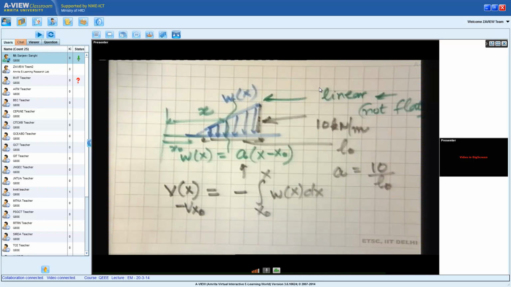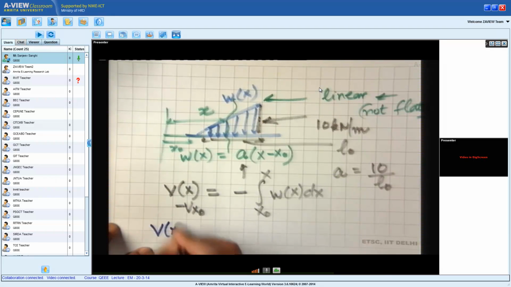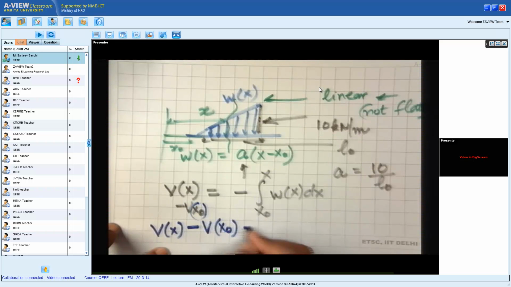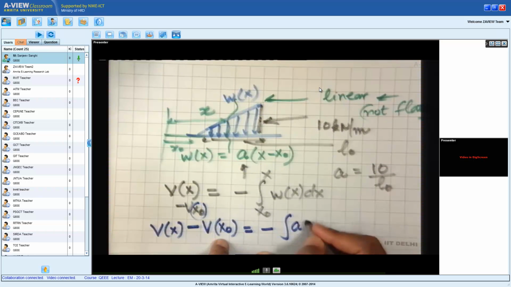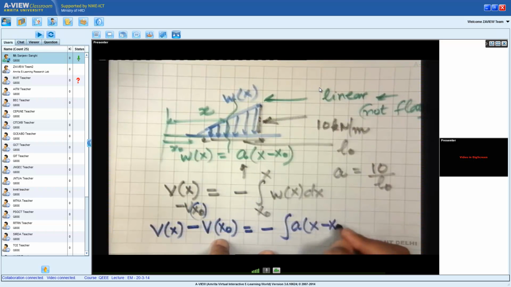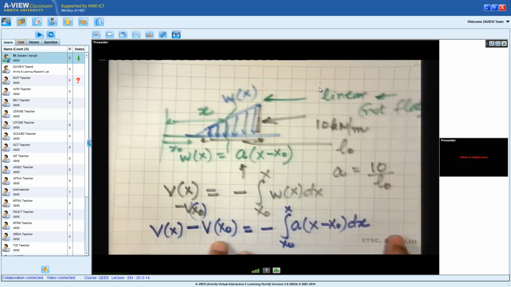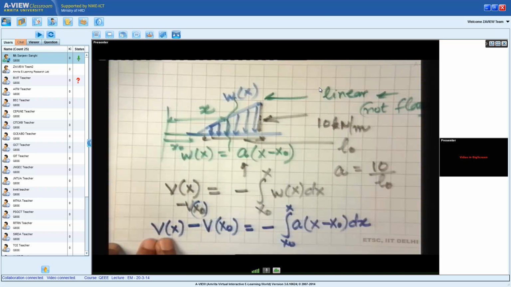So therefore when you do this, what you will get is V at x minus V at x0 is equal to minus the integral of, so you integrate this and that will give you the value of Vx.